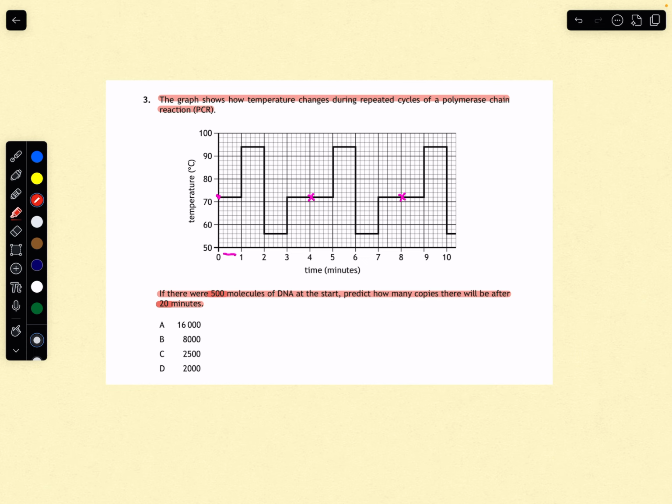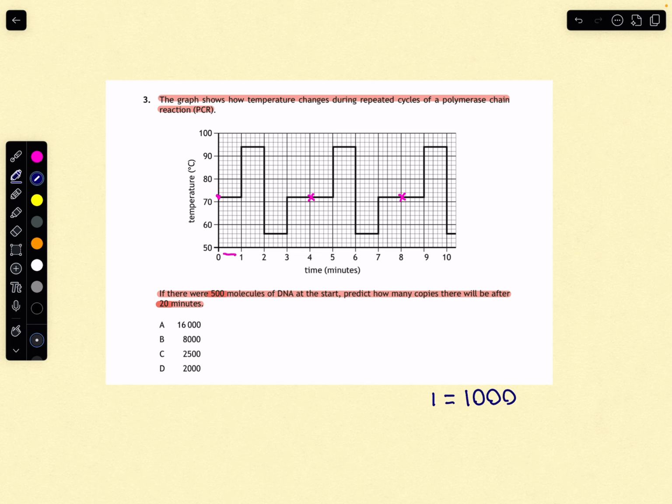Right, so we can write it out like this. If you're comfortable doing it in your head, please do it. But if you need to write it down, you can. So I'm going to do one cycle. Okay, one cycle equals 1000 copies, because that's double what you begin with.